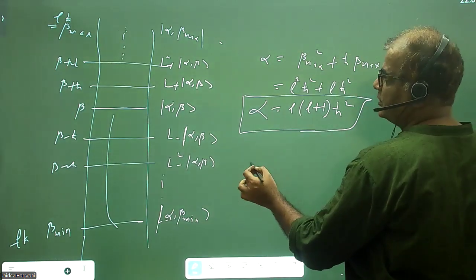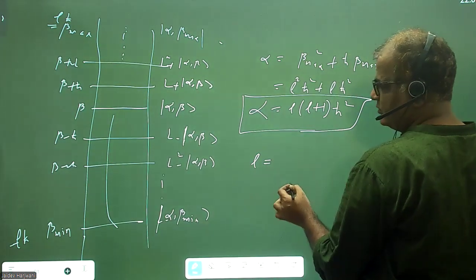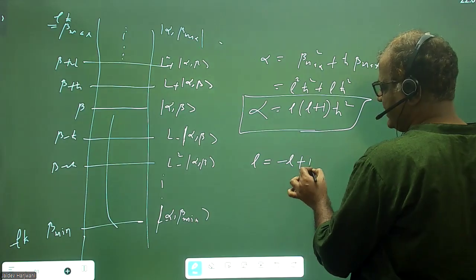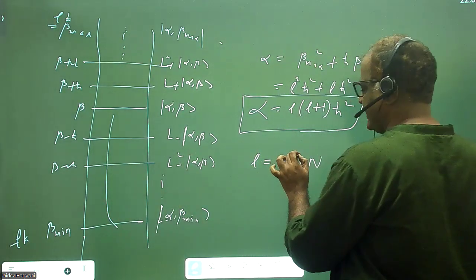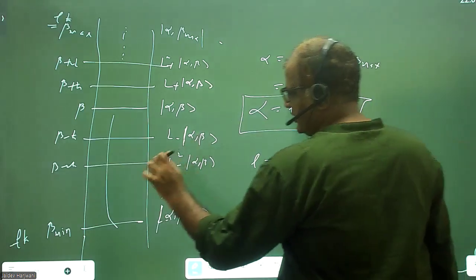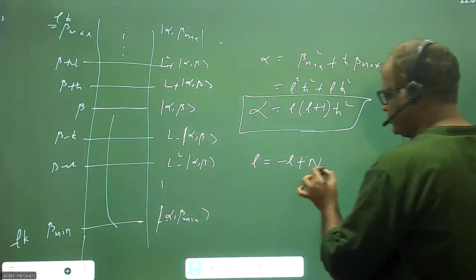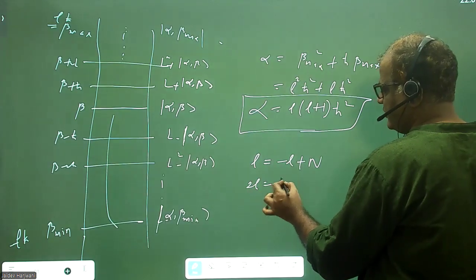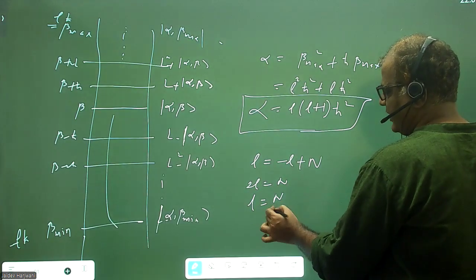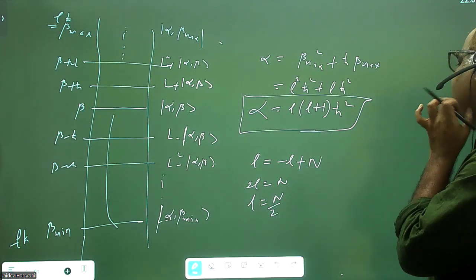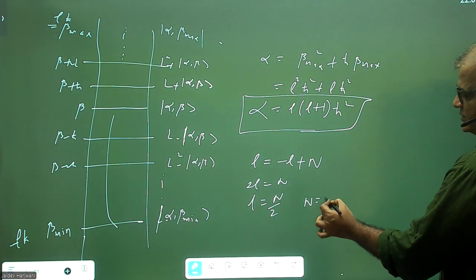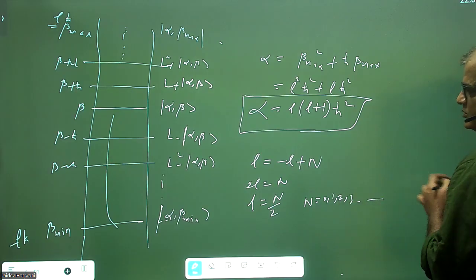Then I can show that my L is equal to minus L plus n. If I keep on adding the steps of h cut, I can show that 2L is equal to n. So L is equal to n by 2. So n can be 0, 1, 2, 3, and so on.